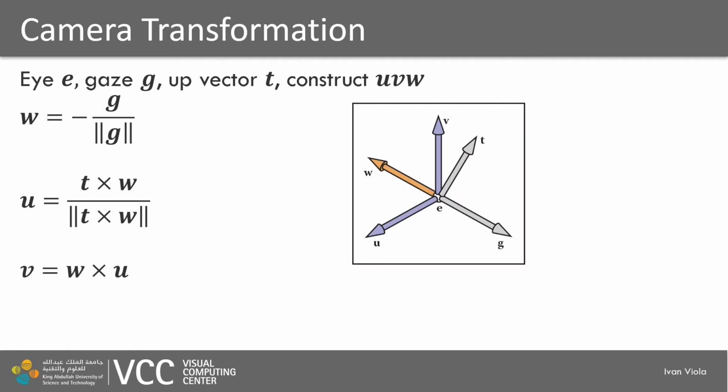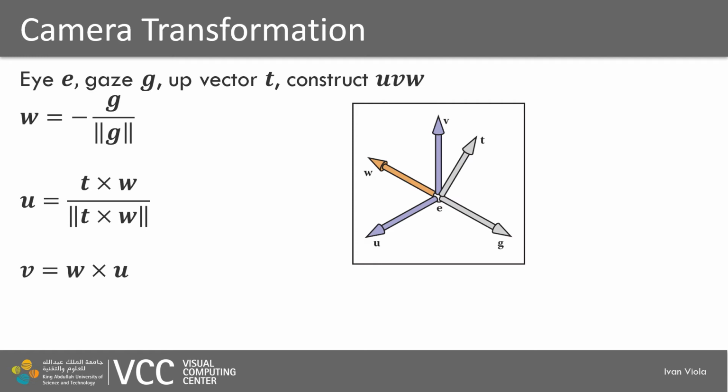Out of that, through the top vector and the generated w vector, we will generate through cross product and normalization another vector, the u vector, which will be perpendicular to both the top vector and the w vector.